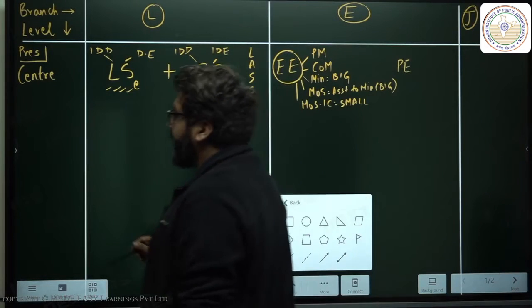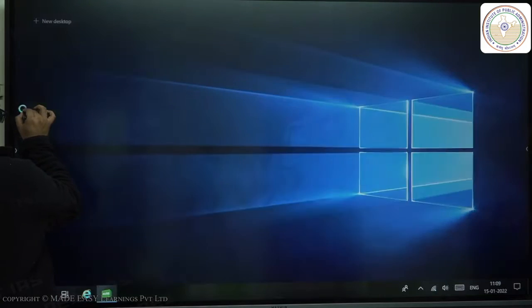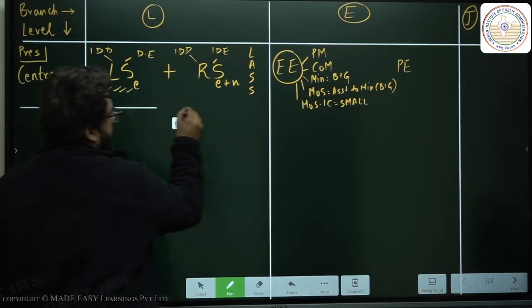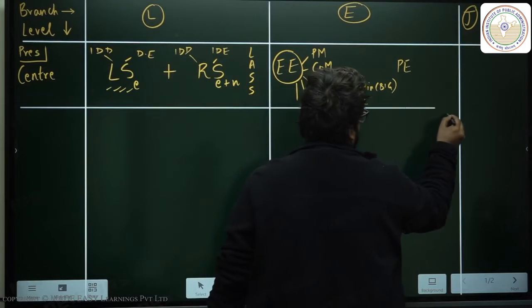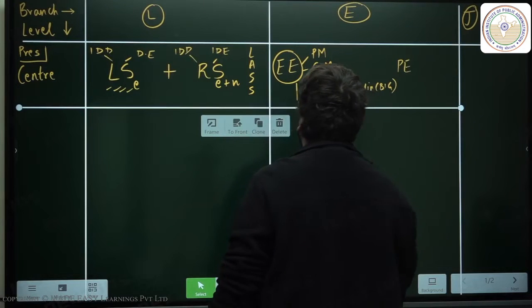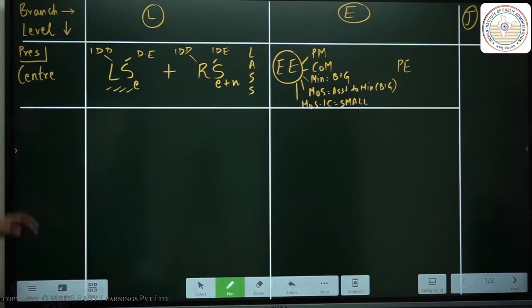Now, we simply draw another line and we come to the layer of the states. Okay? We come to the layer of the states. Alright. Now, for the states, we have states / union territories.